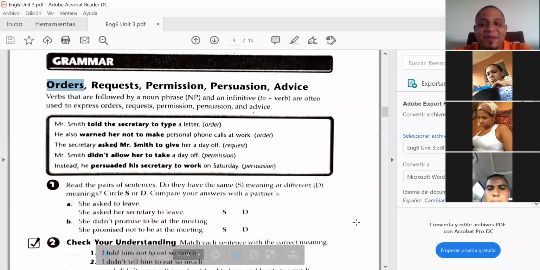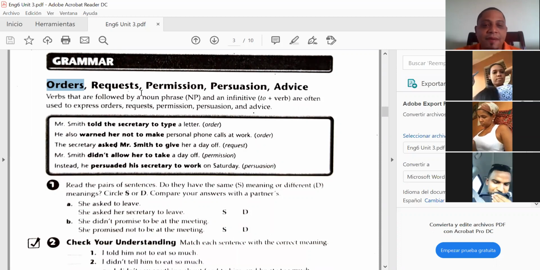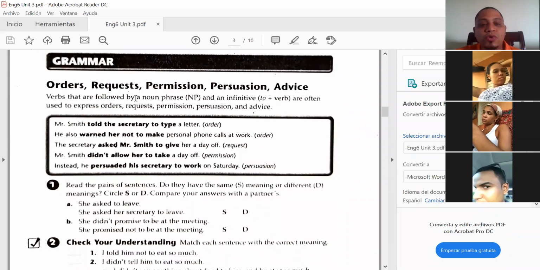Now, guys, what I want to explain to you is the following. It says here that there are verbs that we use to express request, order, persuasion, permission, advice.